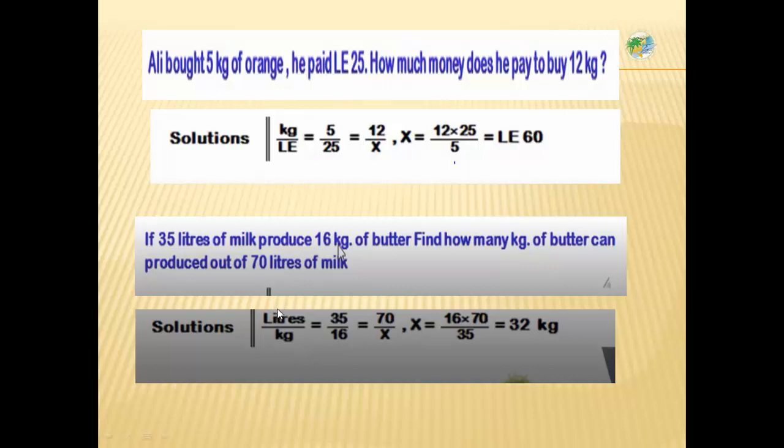The number of liters at first was 35 over the number produced, 16 kilograms, equal 70 liters over how many kilograms of butter can be produced out of 70 liters of milk. By cross multiplication 16 times 70 over 35 equal 32 kilograms.